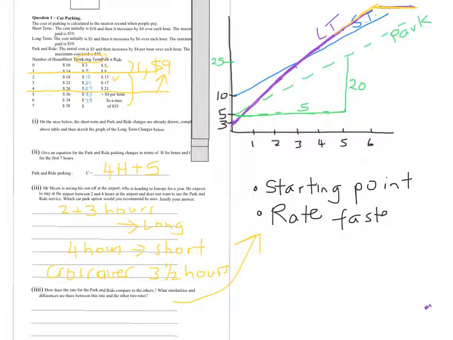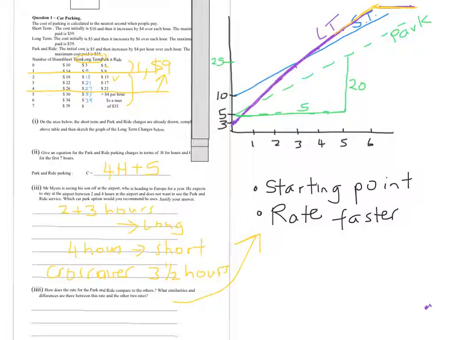The price increases more steeply. When I compare the green line, the park and ride, with the blue line on my graph, the short term, they're going up at the same rate. Okay, and I think that's enough to talk about. Those are the two main things.